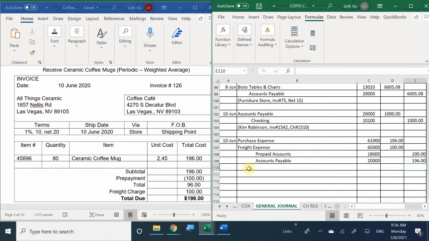Okay. Other things I can do is I have the information that is there, right? I have the vendor, All Things Ceramics. Okay. I have the invoice number 126. I even have the terms. What is the terms that they gave me?